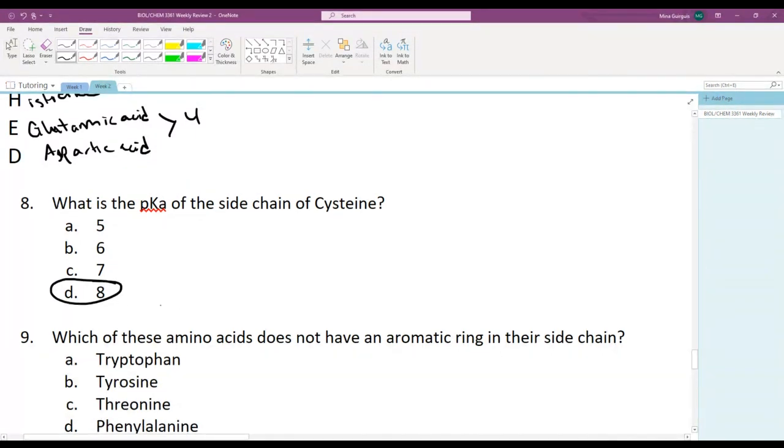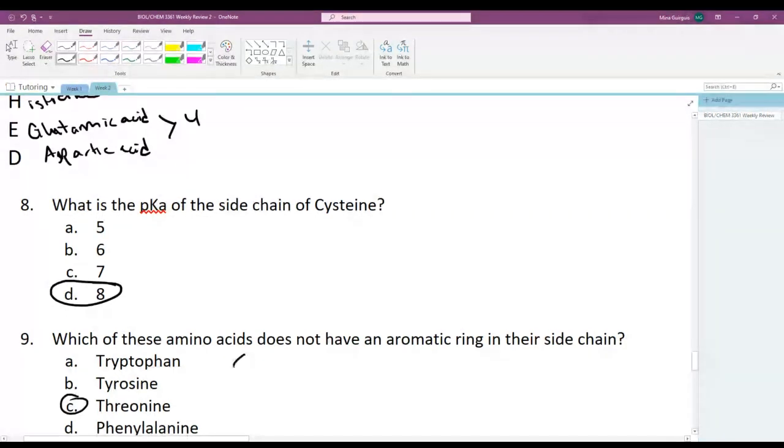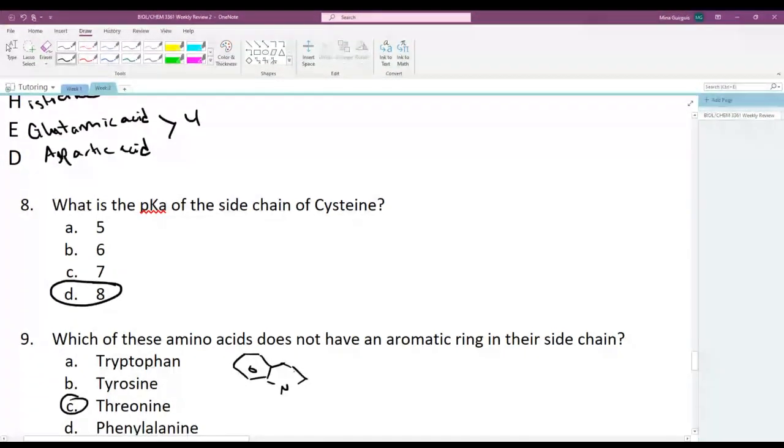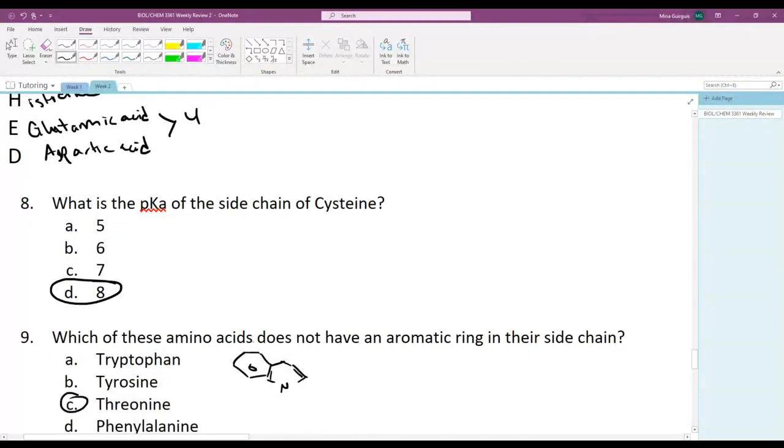Okay. So yes, C is correct. It is threonine. If I can ever find my mouse, there it is. Okay. Tryptophan is the one with the double rings. So let's see if I remember the side chains. And then I think this one's a nitrogen. Okay.